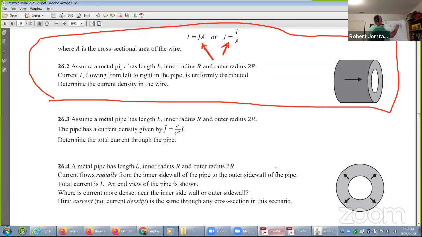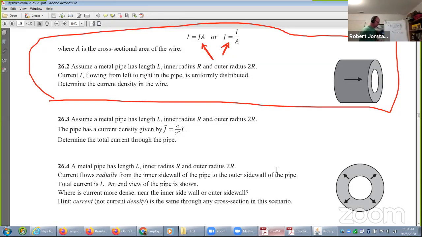And remember, current is the symbol I, and technically I isn't a vector. All right. So we're figuring out the magnitude of current density here. Length is L, and then radii are R and 2R. Okay.